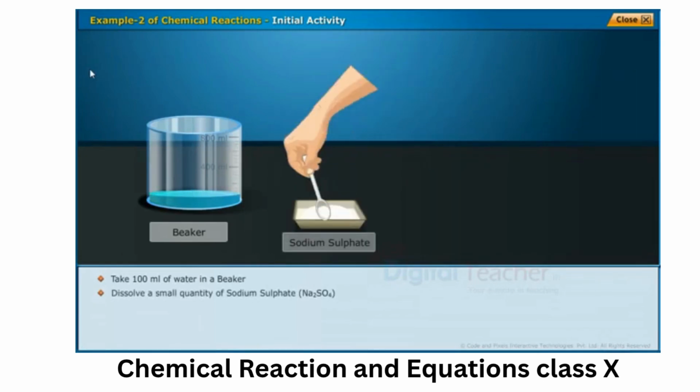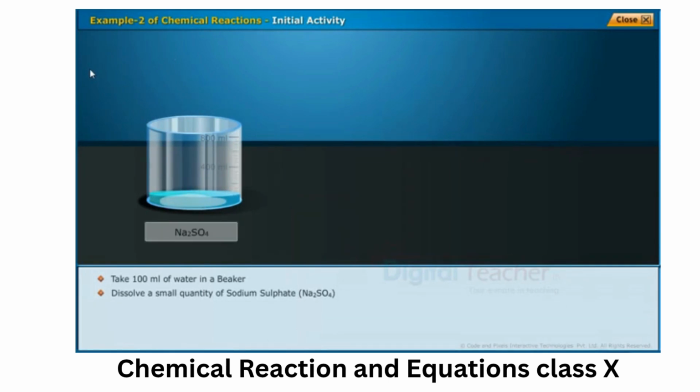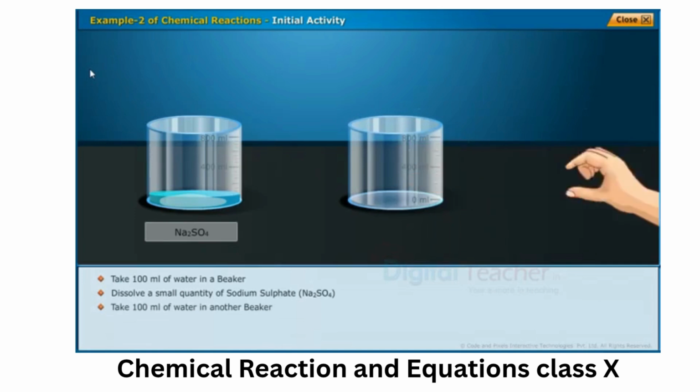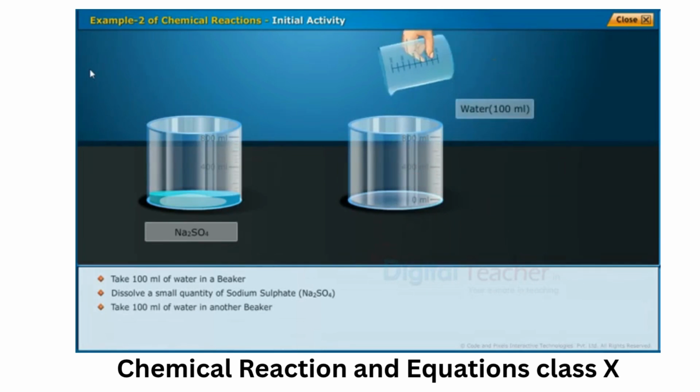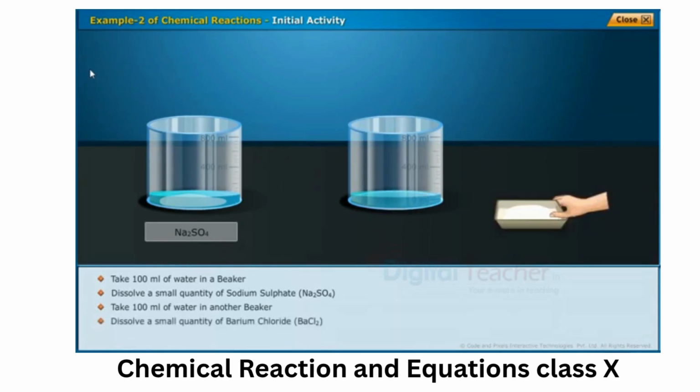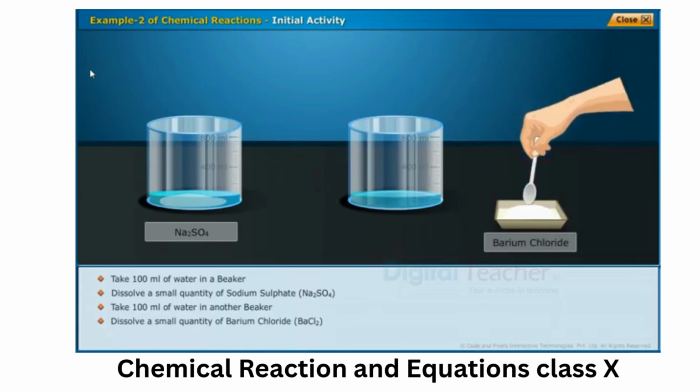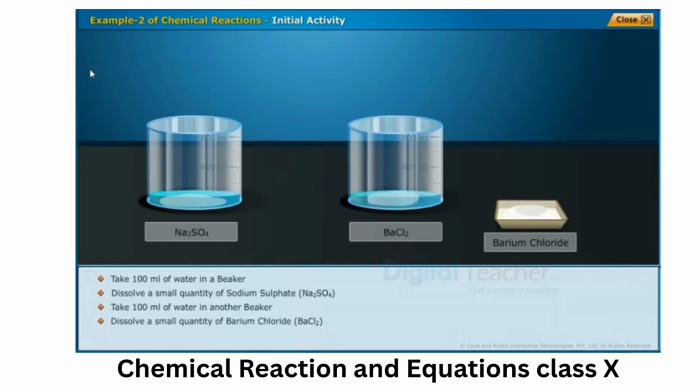Dissolve a small quantity of sodium sulfate, Na2SO4. Take 100 ml of water in another beaker. Dissolve a small quantity of barium chloride, BaCl2.